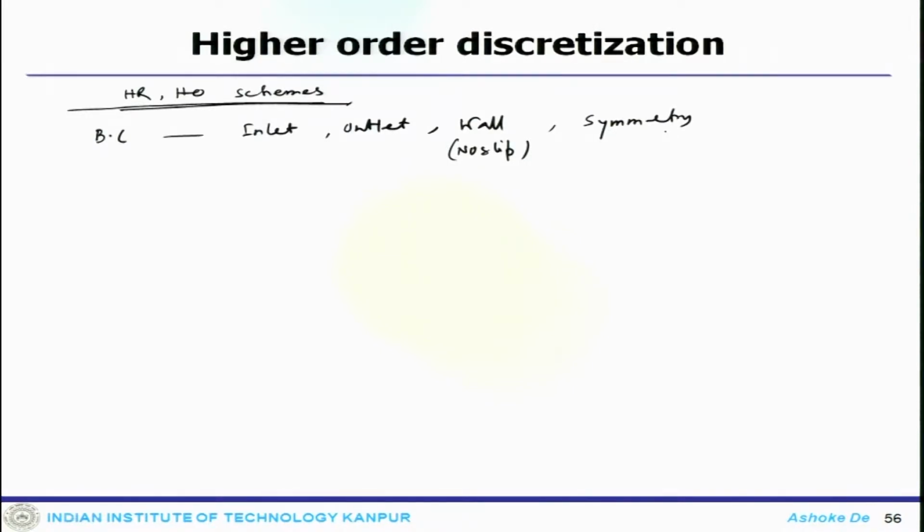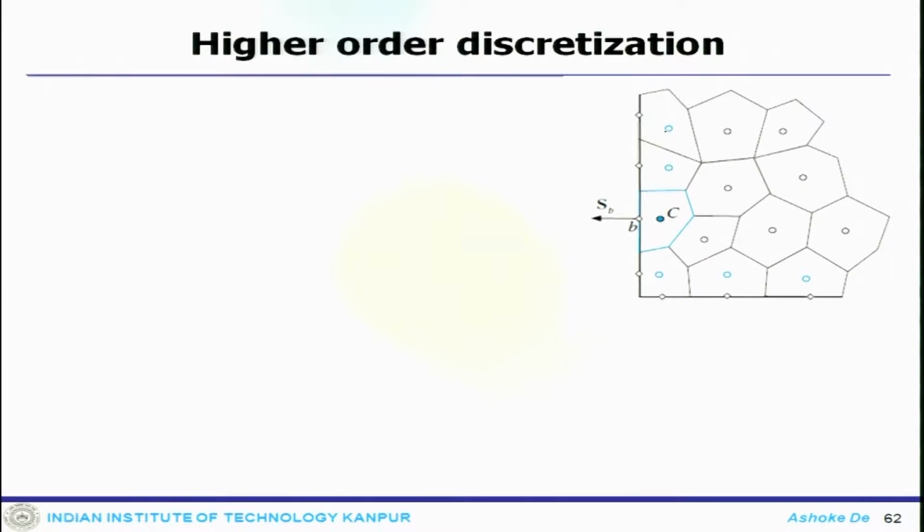Now, typical boundary elements which one can see here in this particular unstructured element, these are unstructured elements, you can see the boundary element.